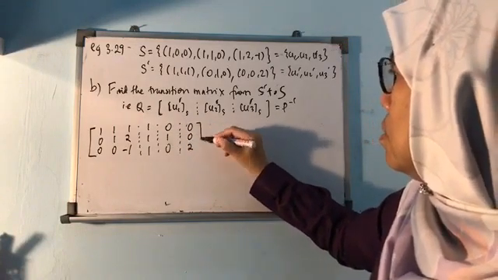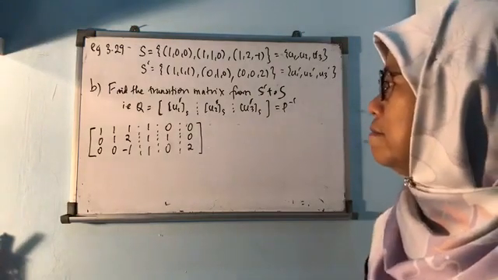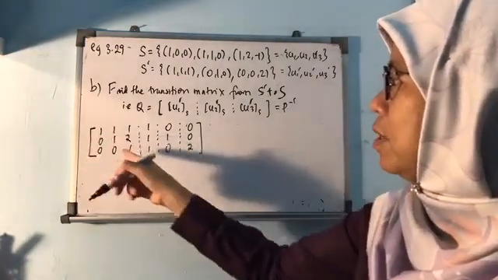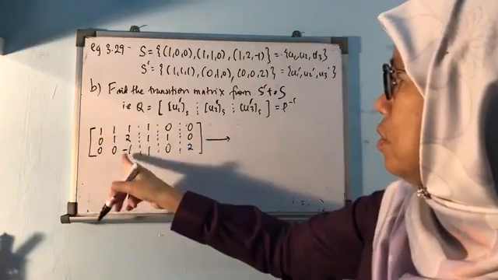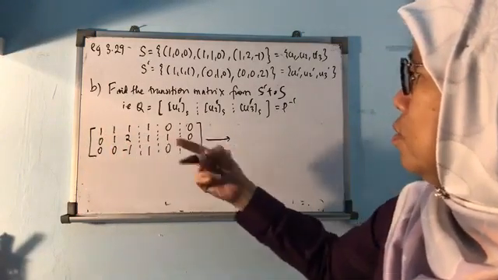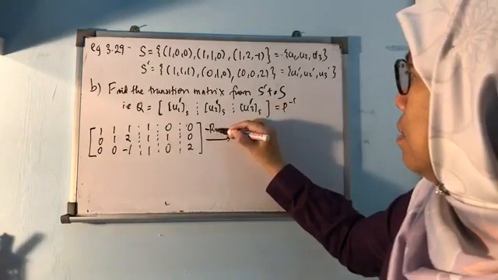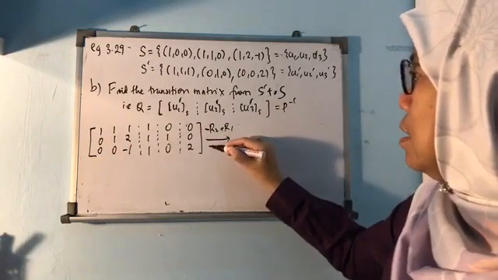2. Ni senang. Because it's already 1, this is already 1. So you do this first, or you do this first pun boleh lah. You do serentak. Negative R2 plus R1 and negative R3.